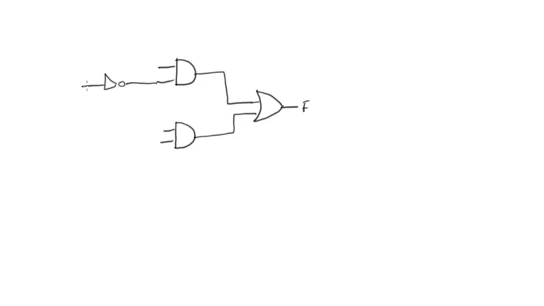We have an AND gate here with two inputs and an AND gate here with two inputs, and we'll put both of those into an OR gate, with an output F. And let's put a NOT gate there, and let's put a NOT gate here.